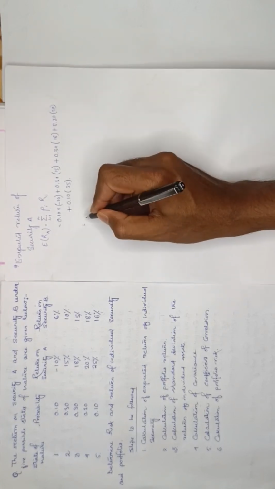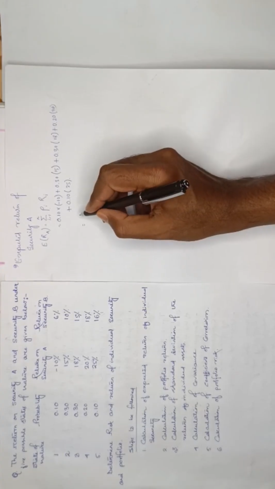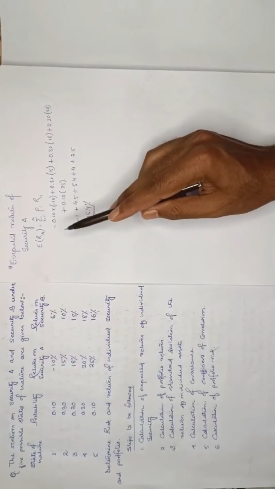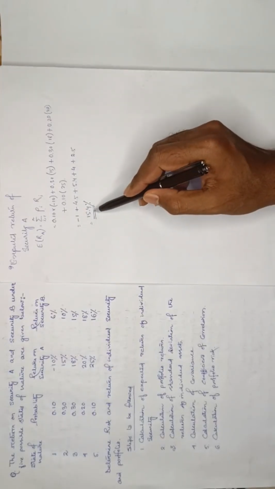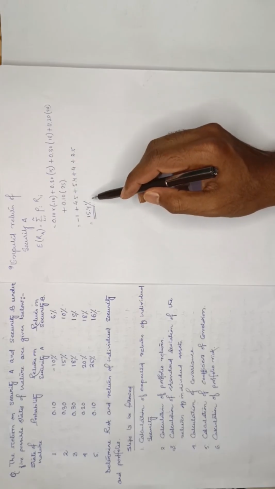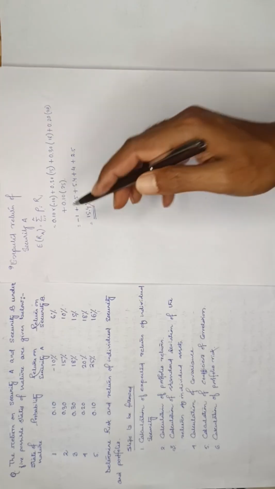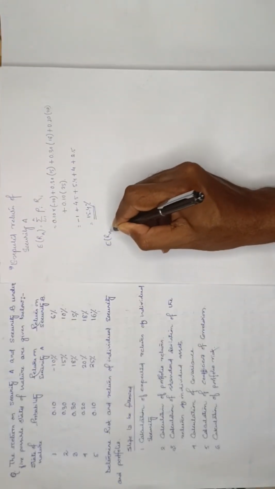Now I'll find the value of the expected return of security A. The expected return of security A is 15.4 after calculation. Likewise, I'll calculate the expected return of security B.